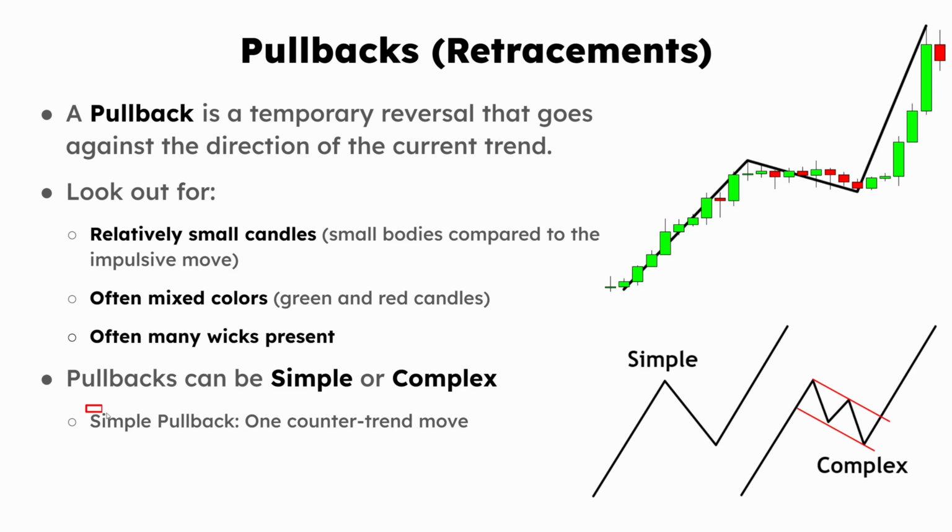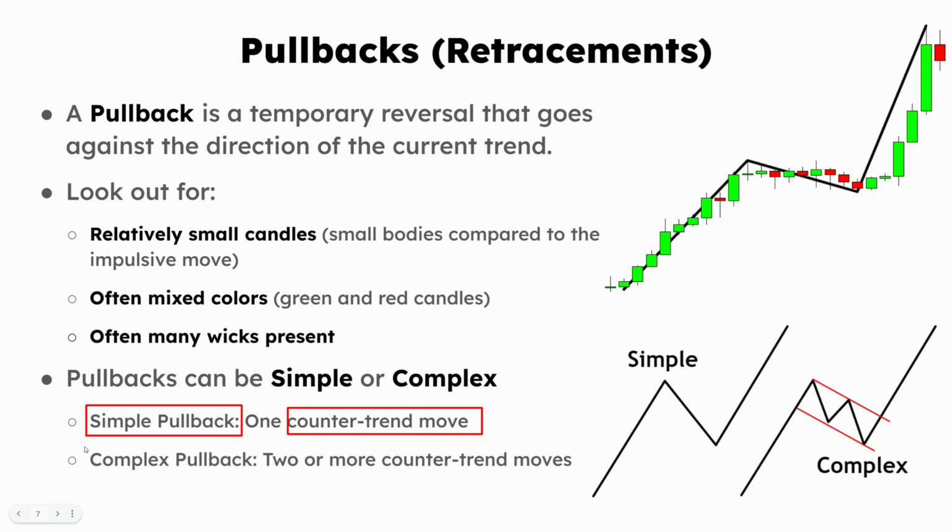So just to repeat here, a simple pullback has one counter trend move, so one move that goes against the direction of the trend, while the complex pullback here has two or even more counter trend moves. So a complex pullback could even look something like this, where we have a structure here with multiple counter trend moves.